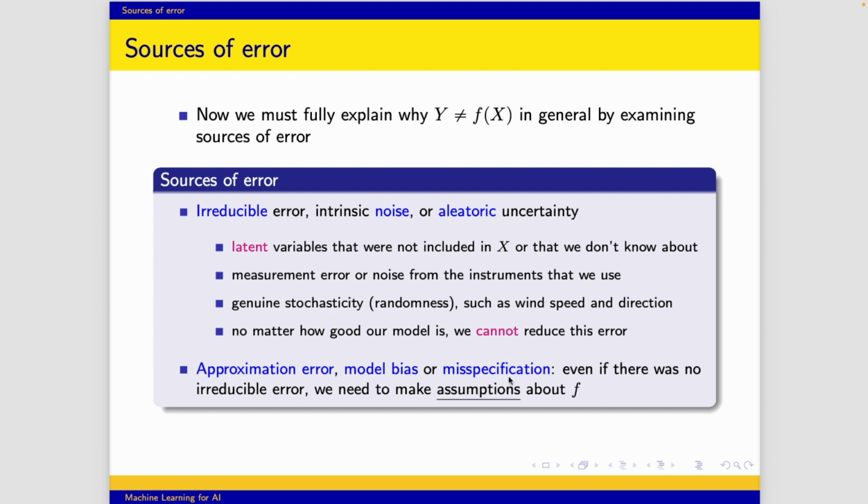We have to restrict the kinds of functions that we look at. I will explain later why we can't, and it's not even desirable to look at every type of function. We can't look at all possible functions that map from x to y. And we may pick the wrong type of function.